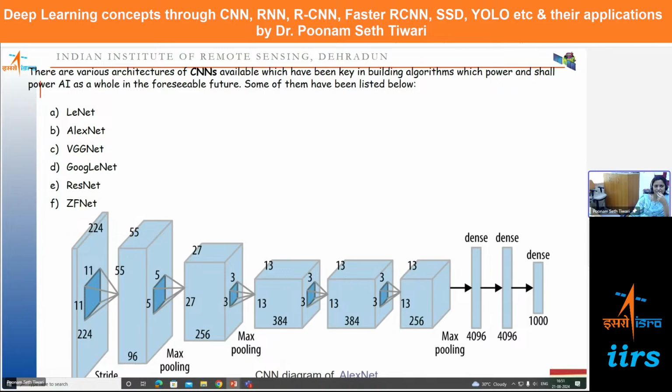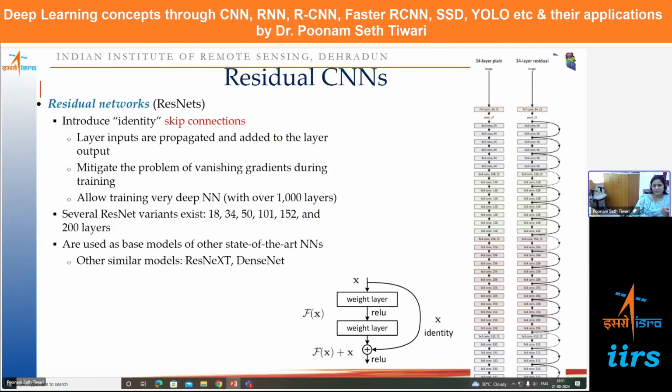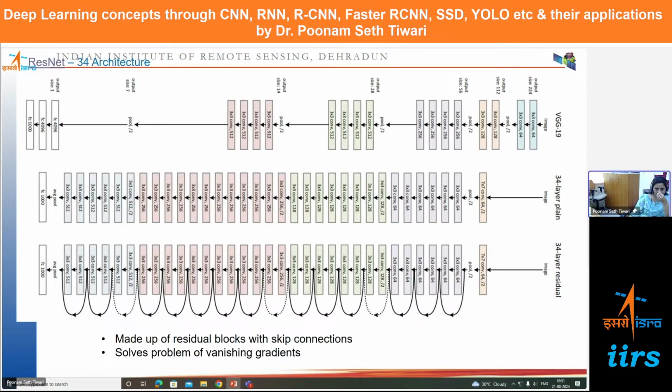This is the architecture of LeNet. This is ResNet, residual networks. ResNet has multiple options: you have 34 layers, then 50 layers and 101 layers also. You can see here, this is the 34 layer.